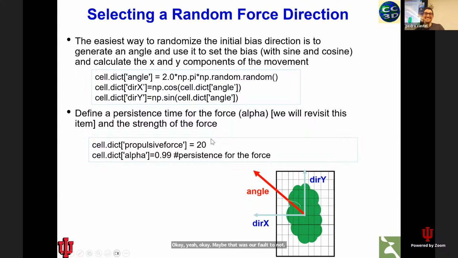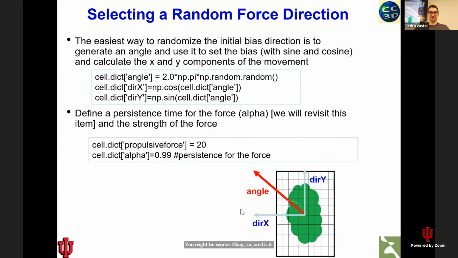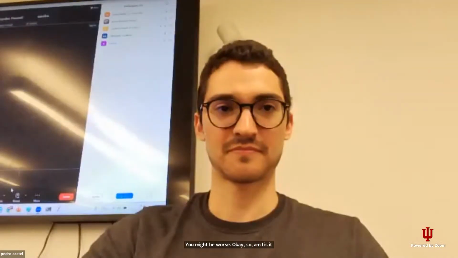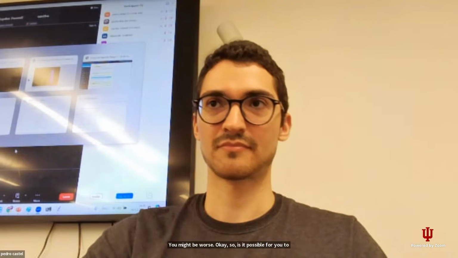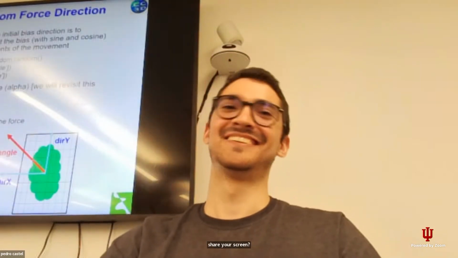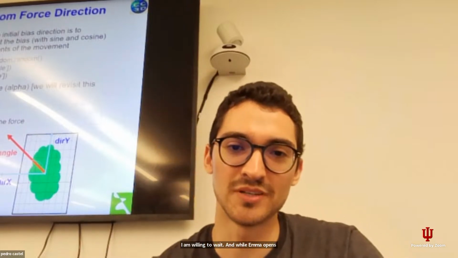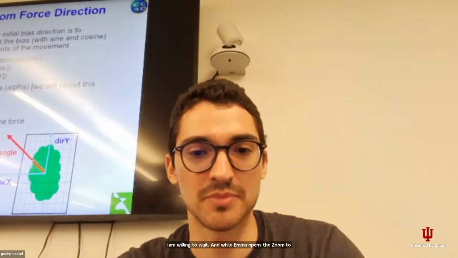Okay, so Emma, is it possible for you to share your screen? I am willing to wait. And while Emma opens the Zoom to share her screen, I will explain what is.